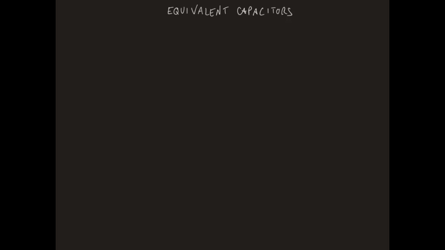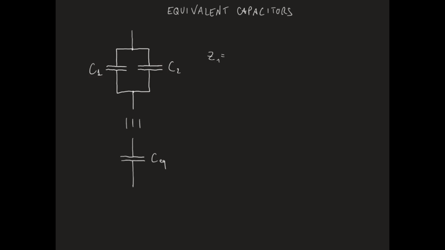Consider now the case of two capacitors in parallel, one with capacitance C1, the other with capacitance C2. Let's find the equivalent capacitor Ceq. Again, the impedances associated with the two capacitors will be Z1 equal to 1 over j omega C1 and Z2 equal to 1 over j omega C2.